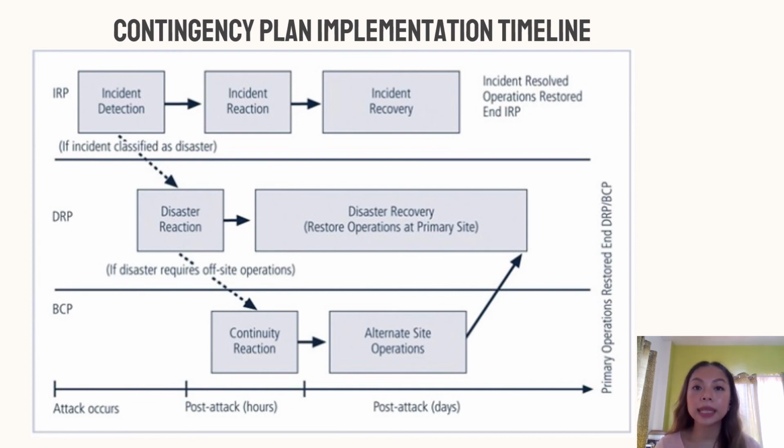If the incident is classified as a disaster, the DRP is activated to restore operations at the primary site. If it damages the primary site and requires off-site operations, BCP is then triggered concurrently with DRP as a continuity reaction, and the alternate site is kept until the primary operations are fully restored.